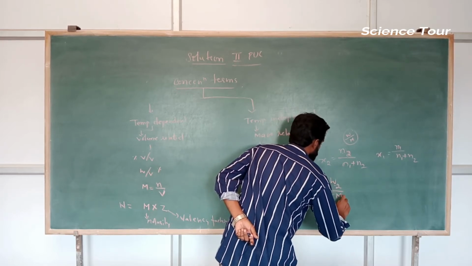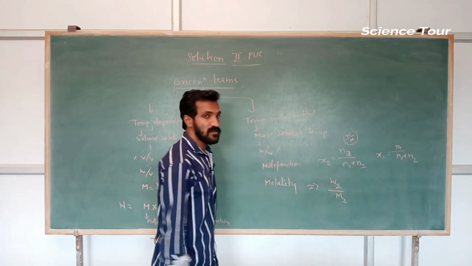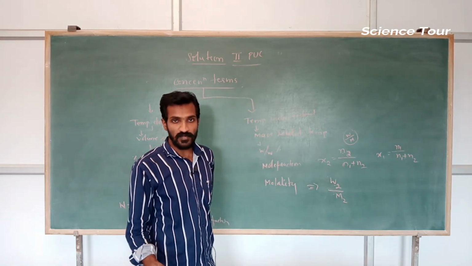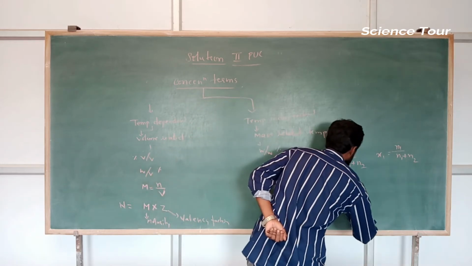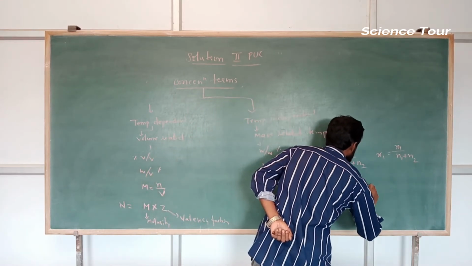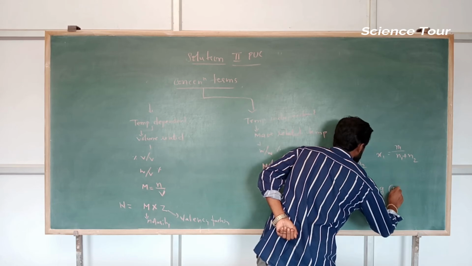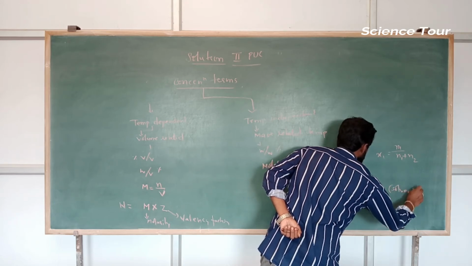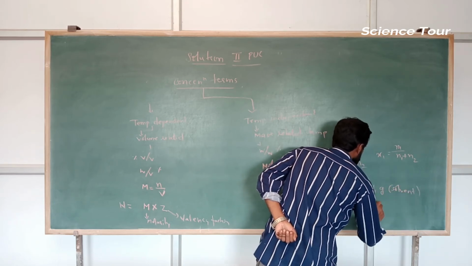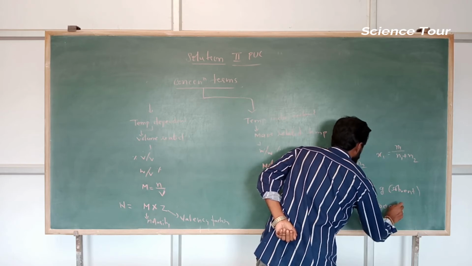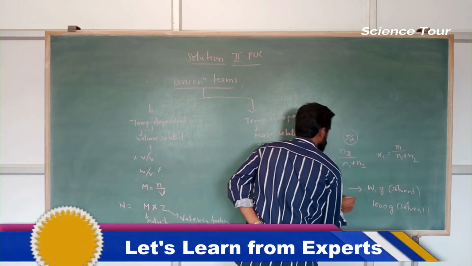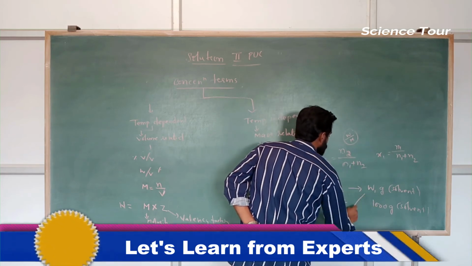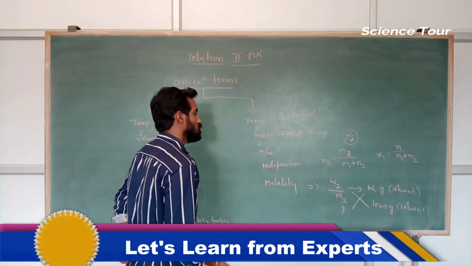W2 divided by M2, where W2 is the given mass of solute and M2 is the molar mass of solute, dissolved in W1 gram of solvent. Then you are finding how much solute 1000 grams of solvent contains.